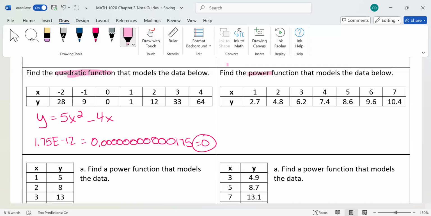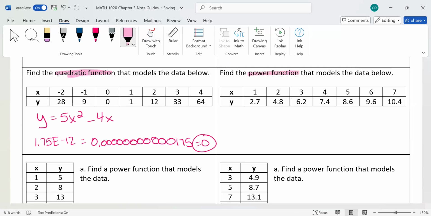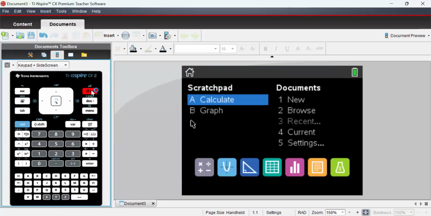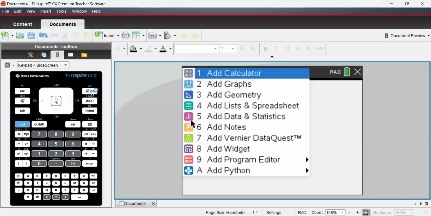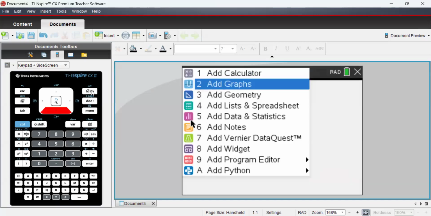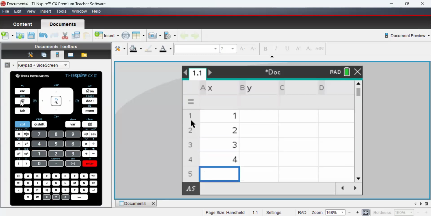Our next one is asking for a power function. So let's start this over. New, we don't want to save. And go to list and spreadsheets. Rename that X, rename that Y. Now I'm going to put all my values in.